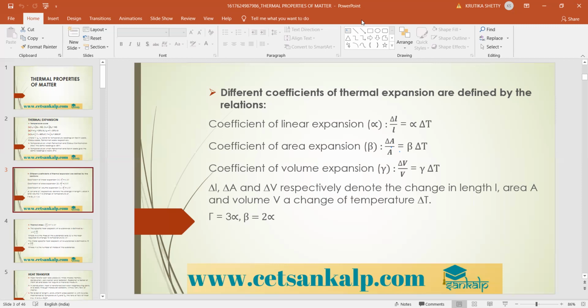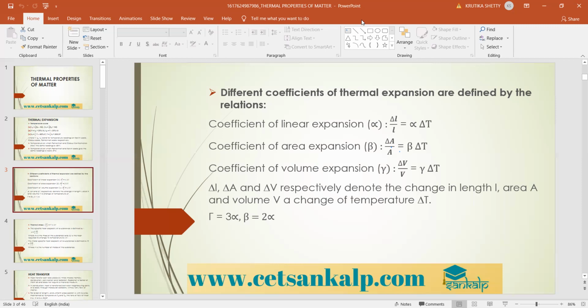Okay. Next, the relation between alpha, beta and gamma, that is linear expansion, area expansion and volume expansion, is given by gamma is equal to 3 alpha, meaning the volume expansion is thrice the linear expansion, and area expansion beta is equal to twice the linear expansion.